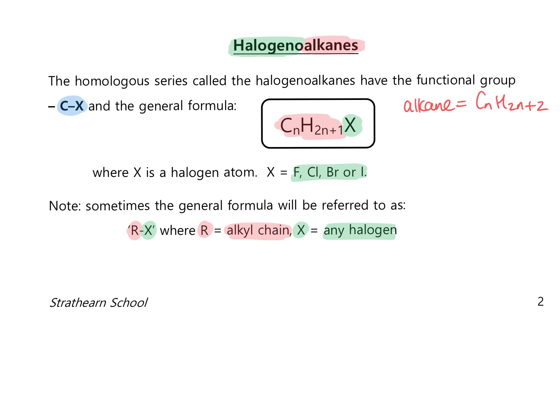You have met it before in your alkanes topic, just like a methyl substituent on a carbon chain. So for example, methyl would be CH3, ethyl would be C2H5, so the corresponding alkane minus one hydrogen, because then essentially that hydrogen has been replaced by the halogen.